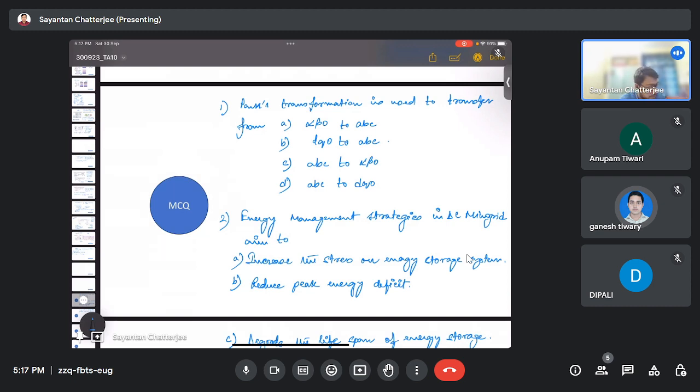Okay, for this first one, if anybody is willing to answer, otherwise, first one, any final choice? Park's transformation is also used in synchronous generators. I think most probably you have studied it in machines. If any of you are from electrical background, then Park's transformation is generally taught in synchronous generator modeling, power system dynamics.